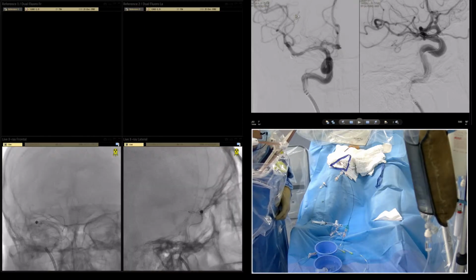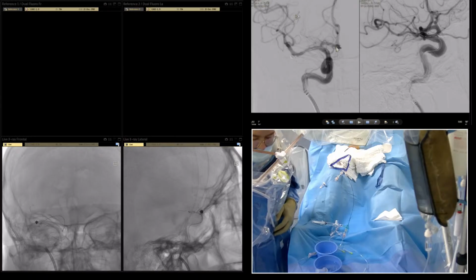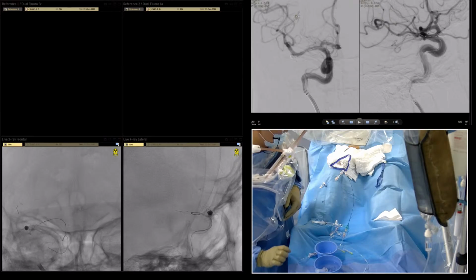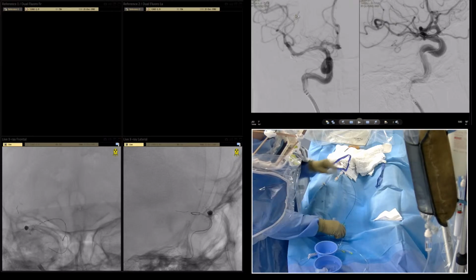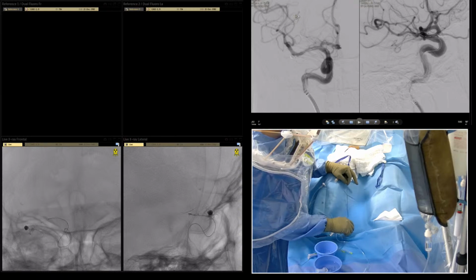Okay. Where is my balloon? Balloon is here. I will place the stent. Okay. Or should we?